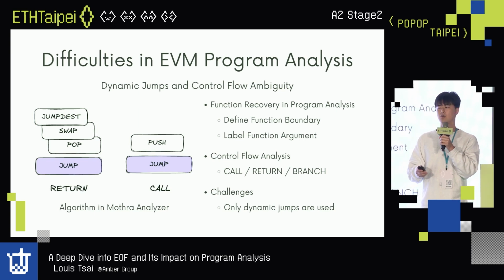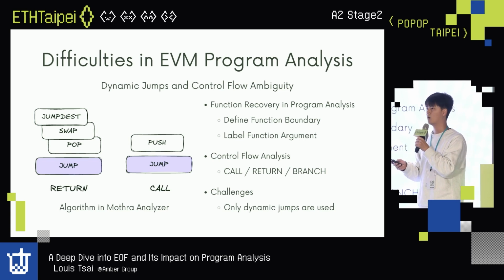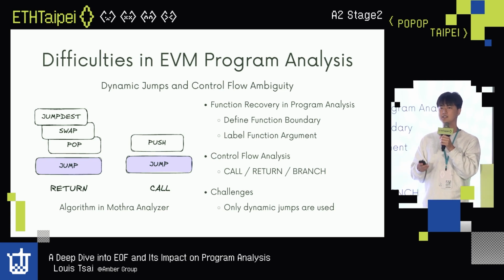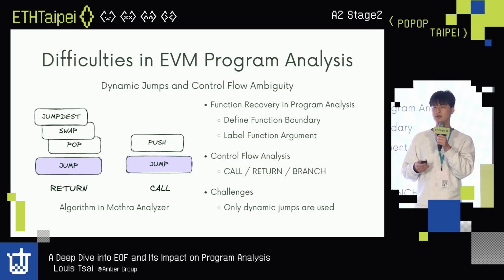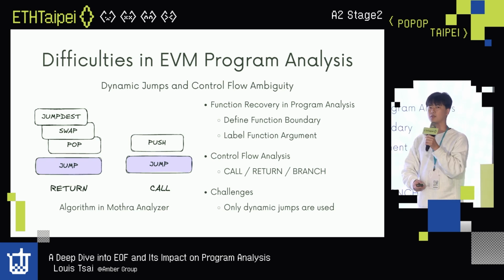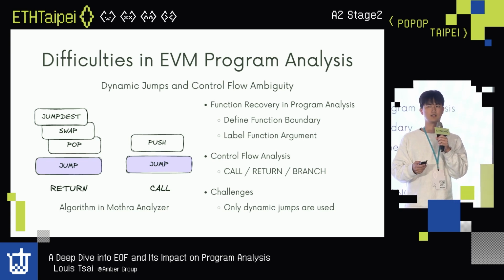And in Mosra, we create an analyzer to distinguish these patterns. This is how it works. First, when we encounter a jump operation, we will check its preceding operation. If the preceding operation is a push operation, we will classify it as a call.